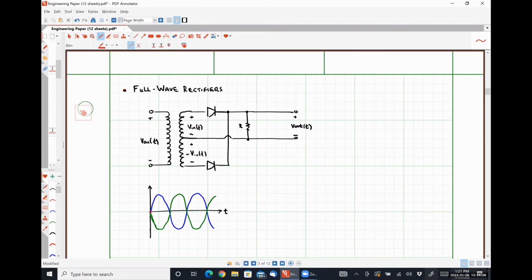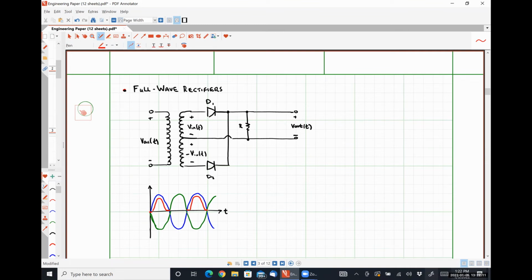So let's look at what Vn of t is doing, okay? When Vn gets larger than VD on, then that diode, let's call it D1, turns on. And so we're going to get this portion, and then similarly, that portion of our output, right?